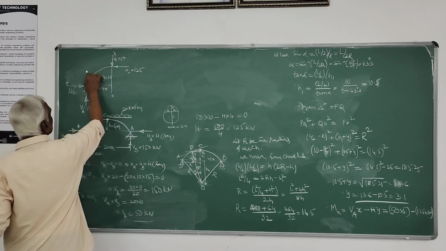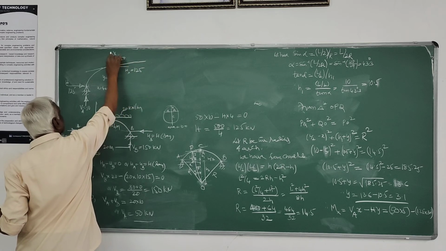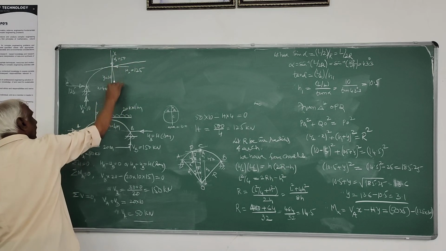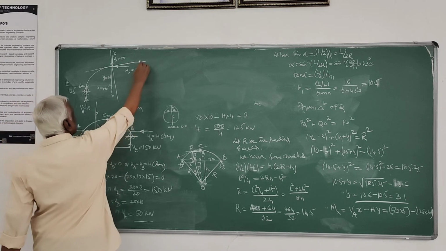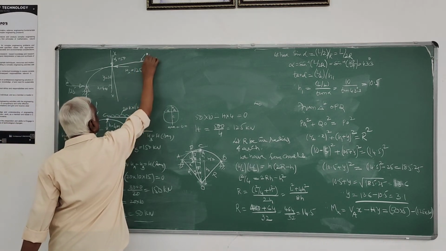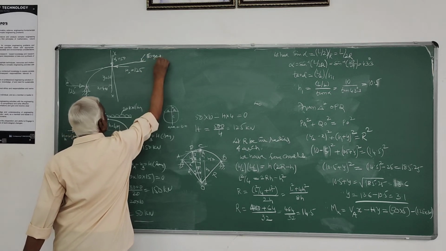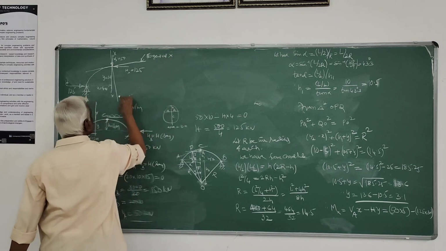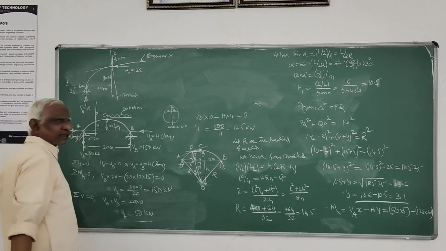Now you can resolve this Vx and Hx along the tangent and along the normal, that is, you will get the radial shear and normal thrust. This is the tangent at x, this is the normal at x.